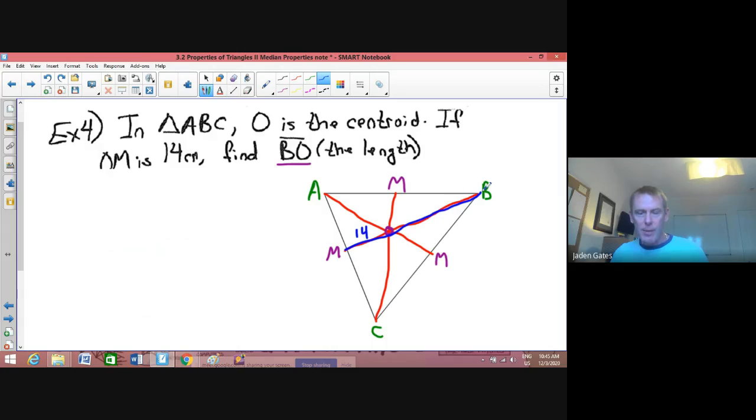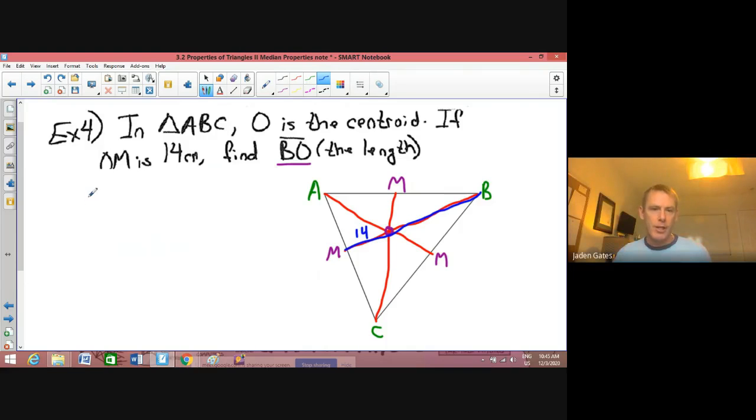Could somebody tell me what B to O would be, or how I would find it? How would I find B to O, or B to the centroid, if I know that M to O is just 14? Multiply 14 by 2? Yeah, because B to O, the vertex to the centroid, is twice as big.